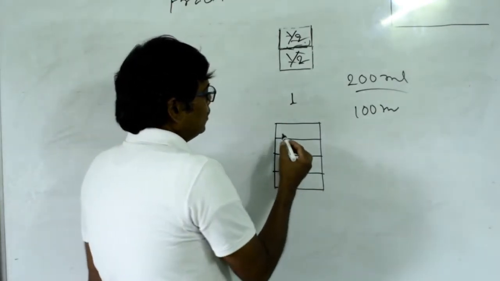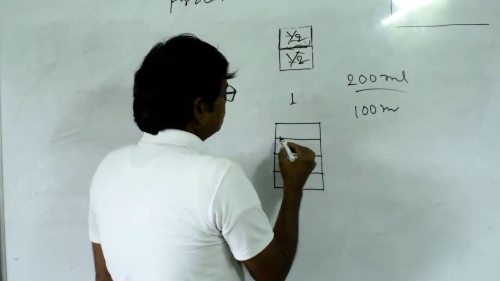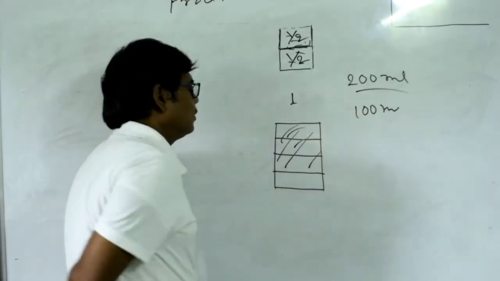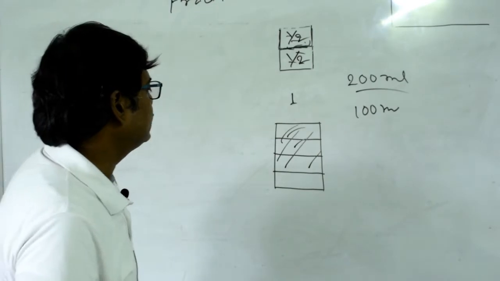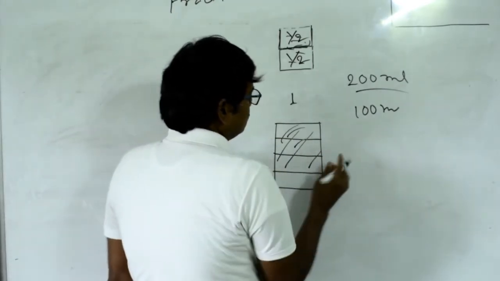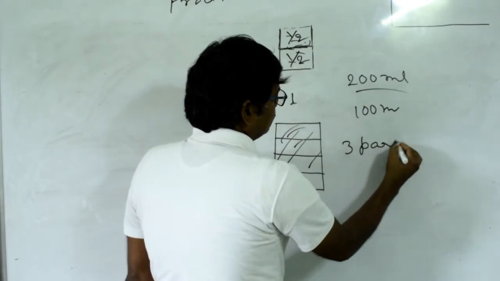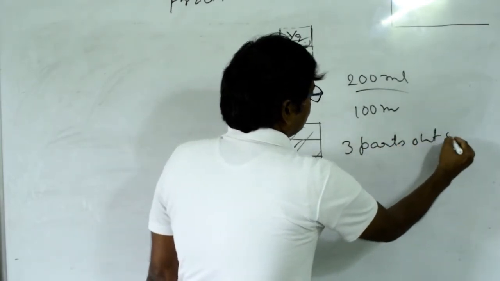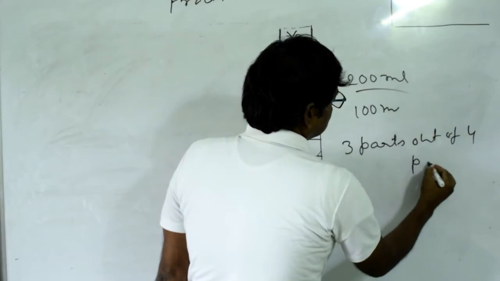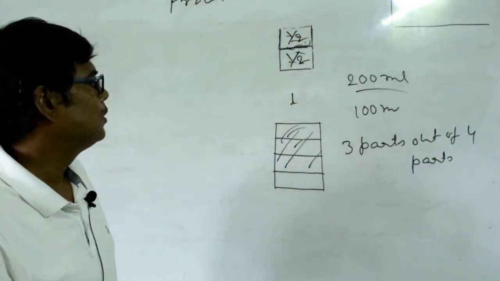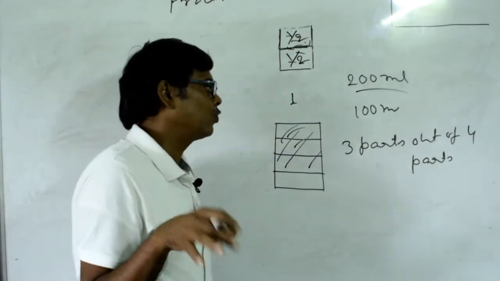And suppose you have used the milk up to 3 parts here. That is, this much is taken up. Then we will say that 3 parts out of 4 parts is used up.